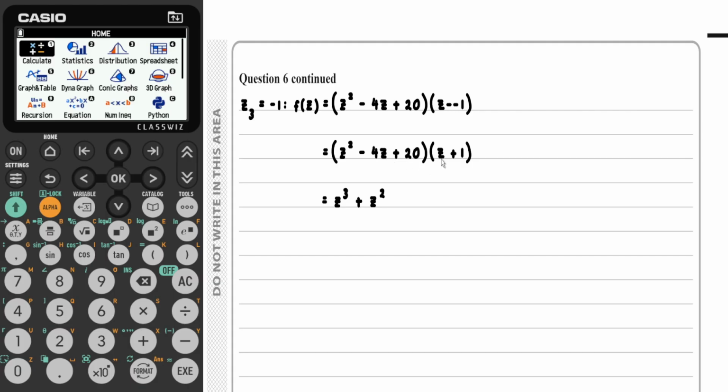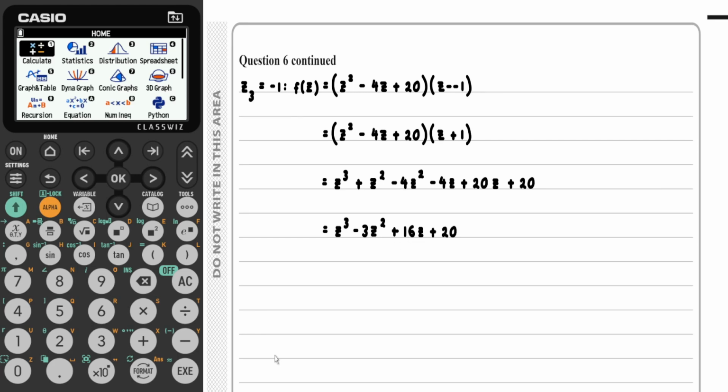Then negative 4z times z is negative 4z squared. Then negative 4z times 1 is negative 4z. Then 20 times z is 20z. Then 20 times 1 is 20. Simplifying this, we end up with z cubed subtract 3z squared plus 16z plus 20.